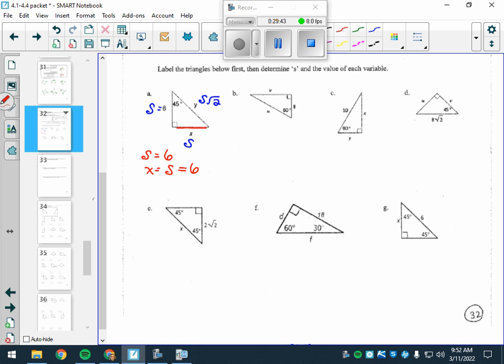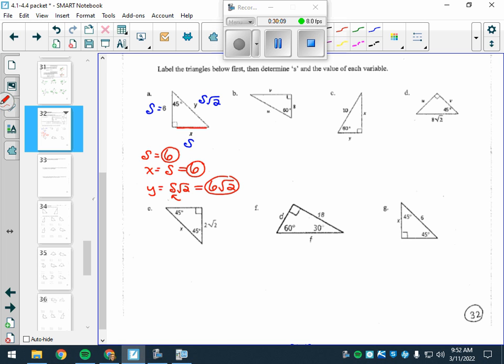And then Y equals S times the square root of 2. So we just plug in 6 for S, and we get 6 root 2. So our three sides are 6, 6, and 6 root 2, which makes sense, right? Like I said, I know you probably could have done that one in your head, but humor me.